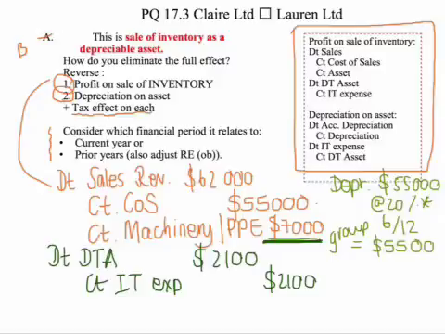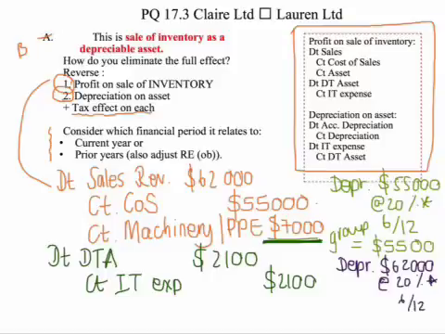In the parent company, they would have calculated depreciation on $62,000 because that's the value that they've included the asset at in their accounting records. So at 20% for half a year, would be 6,200.